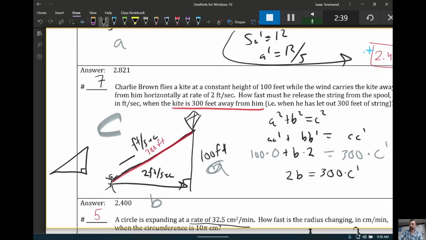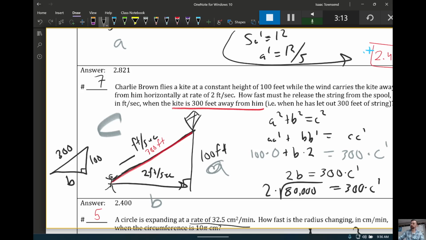So if I focus in on this right triangle, here's what I've been calling B. This side's 100, and this side's 300. So with Pythagorean theorem, B is going to be the square root of 300 squared minus 100 squared, which is the square root of 80,000.